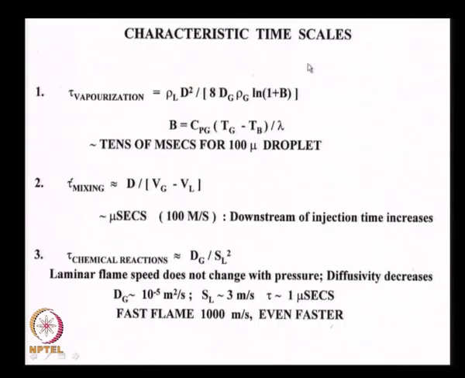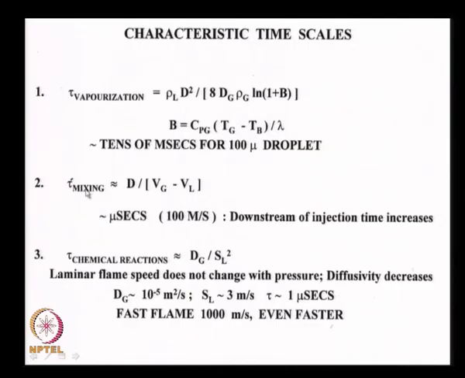The enthalpy is the difference in enthalpy between the hot gas temperature and the boiling temperature of the liquid, and therefore B becomes this enthalpy difference divided by the latent heat of vaporization of the liquid fuel. In this expression, lambda is the latent heat of vaporization and not the evaporation rate constant. The time taken for vaporization, typically for a 100 micron droplet, is around 10 milliseconds.